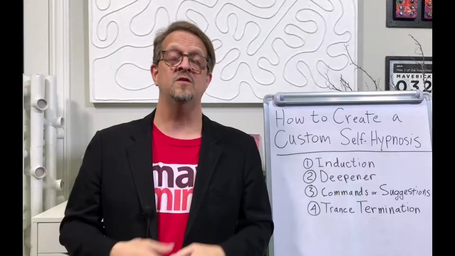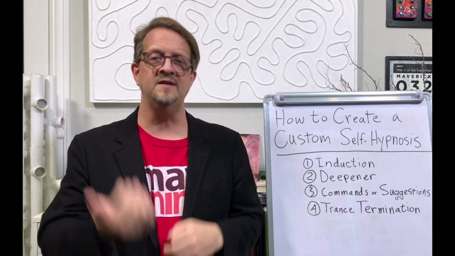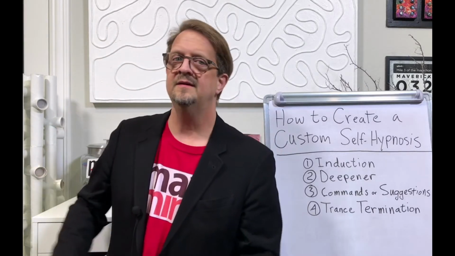And you say, in a moment, I'm going to start counting. And as I count from 20 down to 1, you're going to take a step down the stairs with each count. Each count I give, you're going to take a step down the stairs. Starting now, when you're ready, with 20, 19, 18.